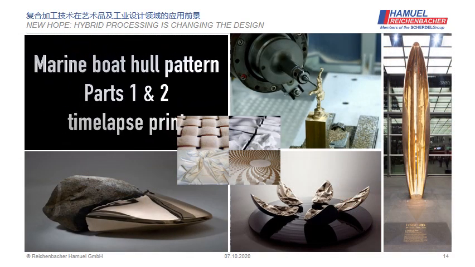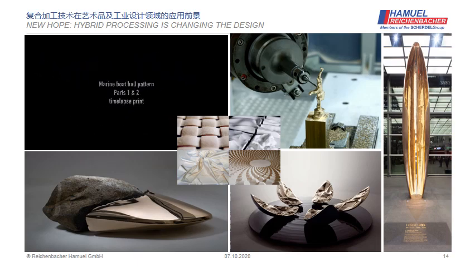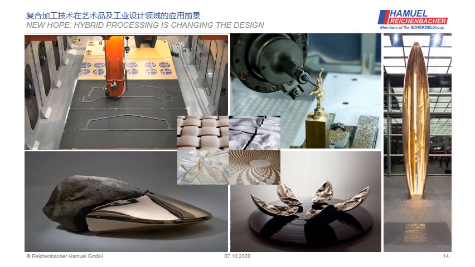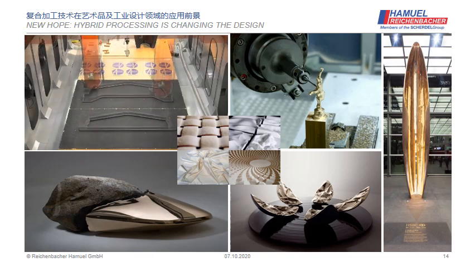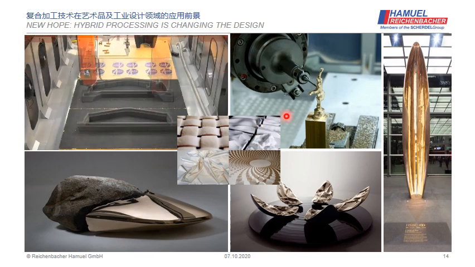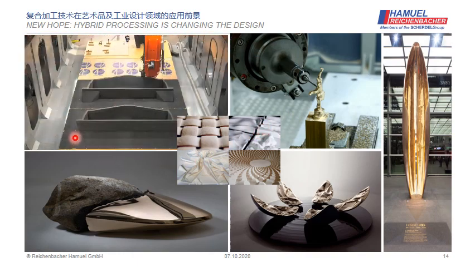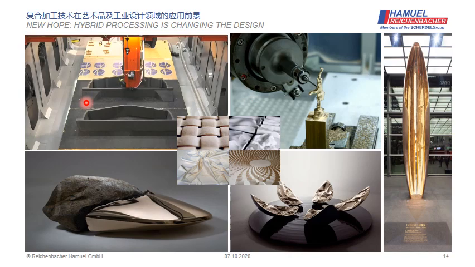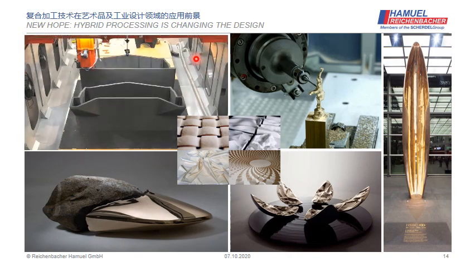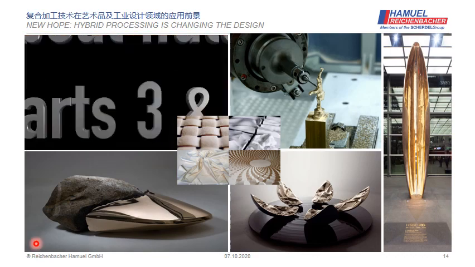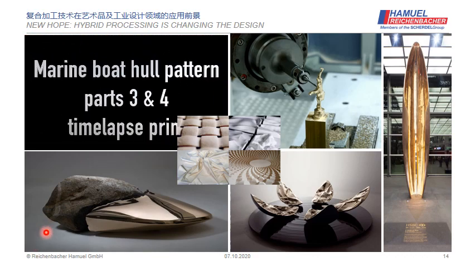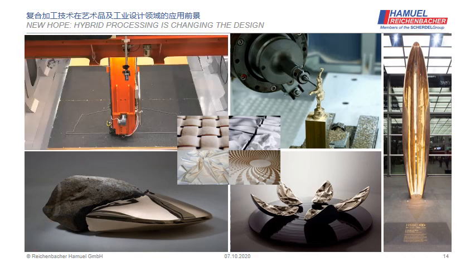So you see from these videos, this is a huge gantry machine combined with 3D printing and five-axis machining. The first step is that this machine constructs the raw material, and then it changes to the five-axis machine, changes the tools and mills to get a very nice surface.